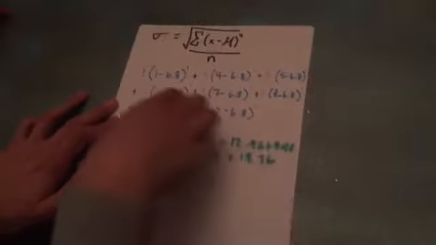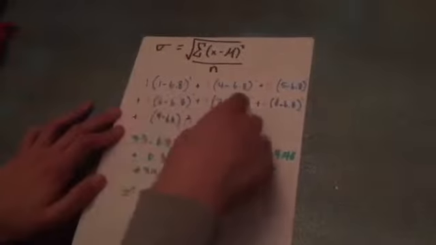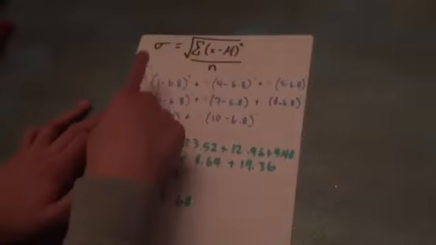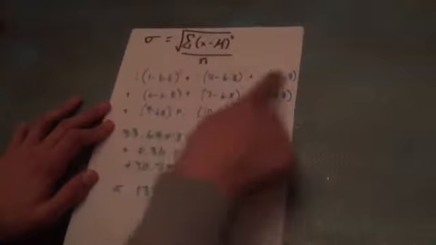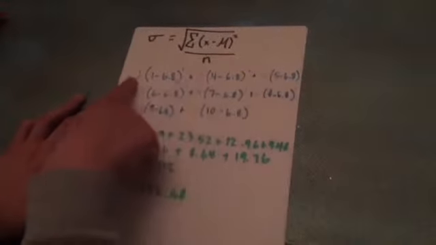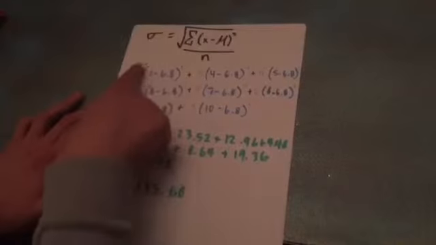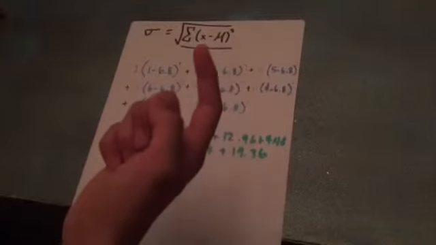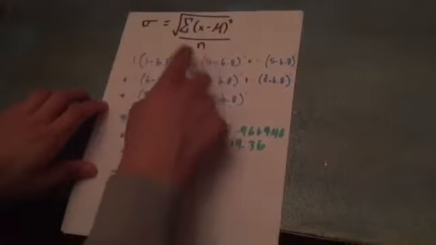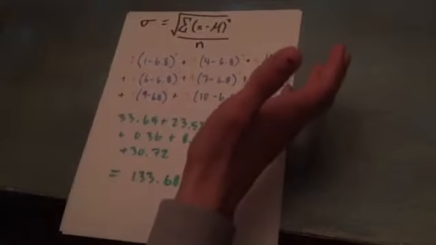Okay, so this is the formula for standard deviation. So basically we gotta plug all the numbers. So there's 1, 4, 5, 6, 7, 8, 9, and 10. We gotta plug them into this equation. And then the quantity of which number there is, basically you put that in front, and then you just do the math.